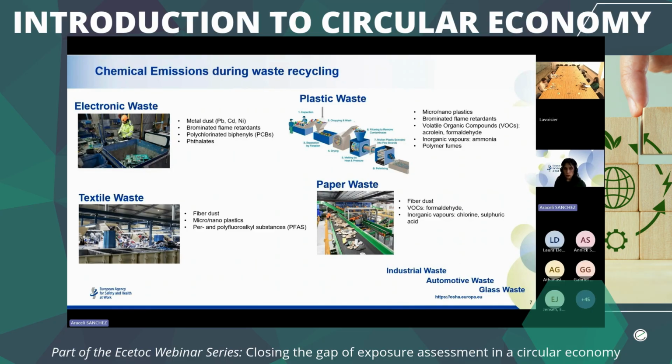Then in the textile waste, again, the dust will be formed by microplastics or nanoplastics, and we can also have all the additives that are added to the textile. And then in the paper waste, again, we find volatile organic compounds, like, for example, formaldehyde, and also inorganic vapors that are used, for example, to bleach the recycled paper.